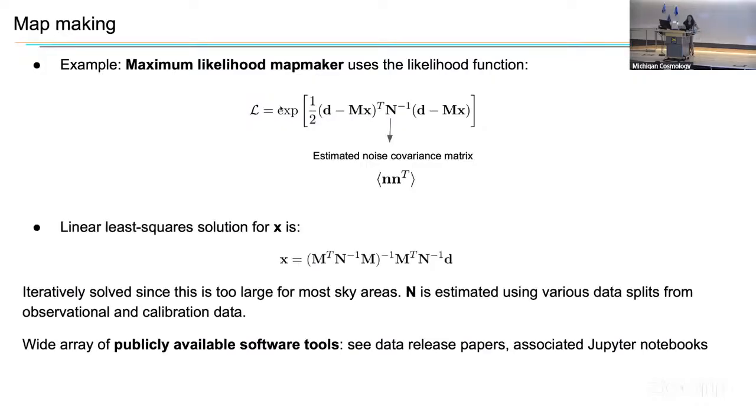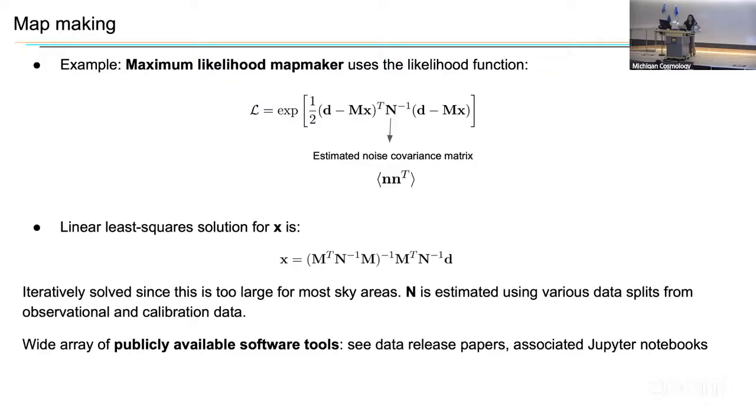And then you can solve this and find a linear least square solution for your actual sky data as defined here with regards to your pointing model and your noise covariance matrix. Iteratively solving this is going to be the solution because you cannot invert all these matrices for your sky areas generally. And you estimate N using various data splits from observation as well as calibration data.